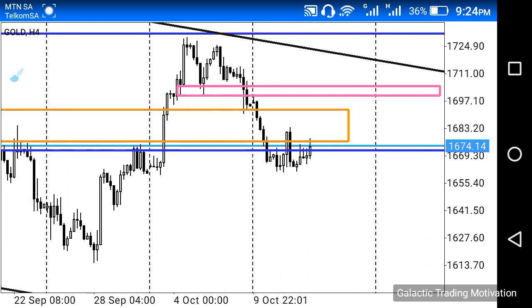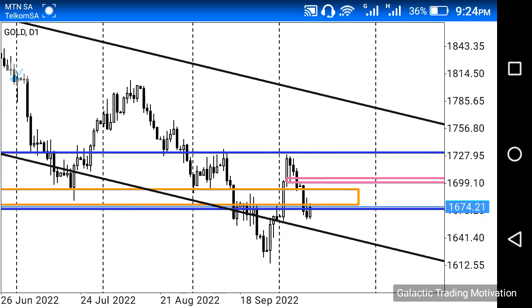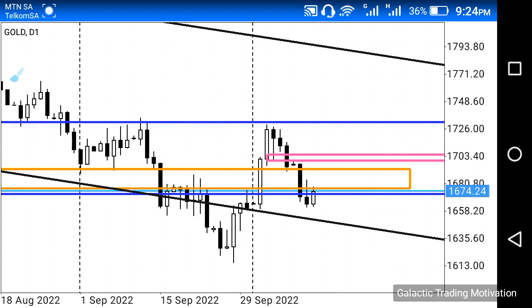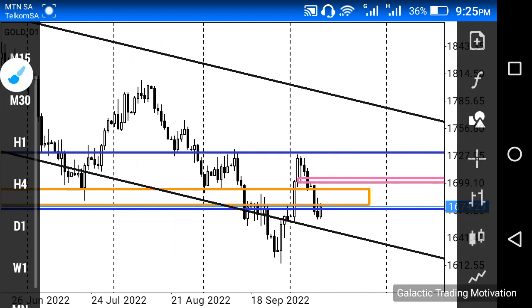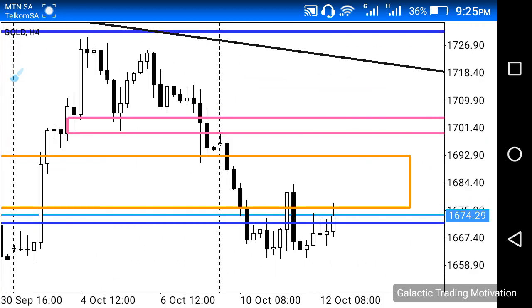But what I would do is wait for the daily candlestick to close, because I believe once this daily candlestick closes as a bullish candlestick, then it'll mean that chances are price will move further up, in my humble opinion, right? But in as far as buying or selling at this point in time, I don't see any opportunities.